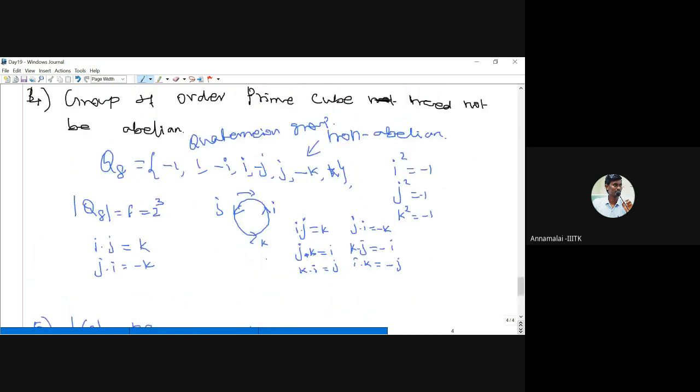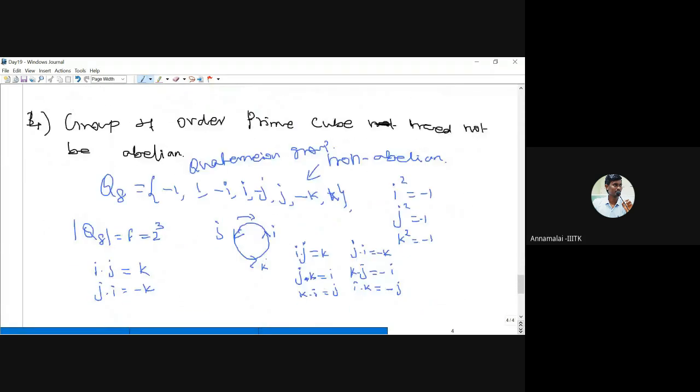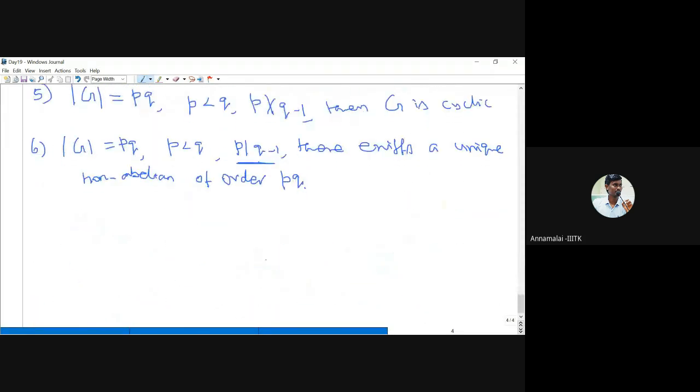Now we have some more topics. Automorphism: we already defined what an isomorphism is.